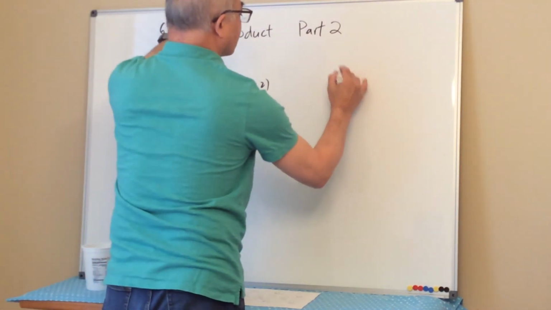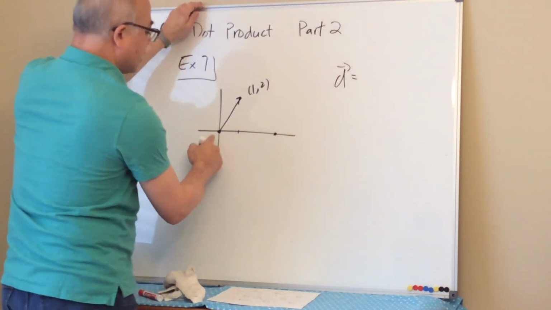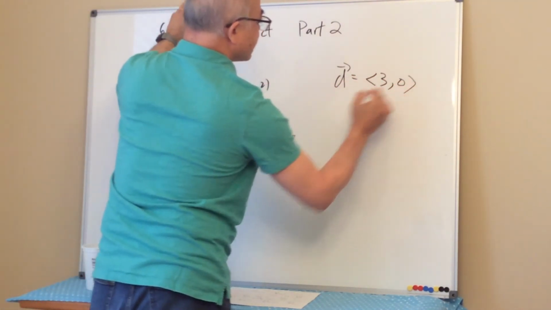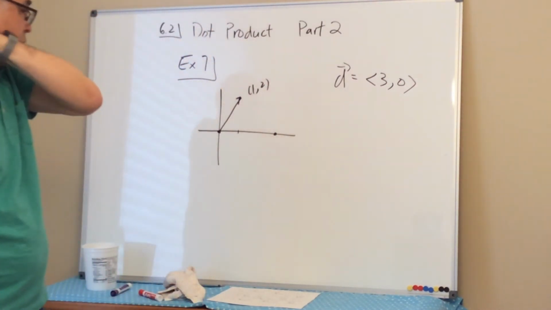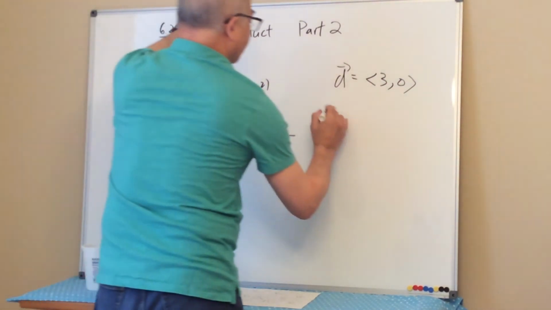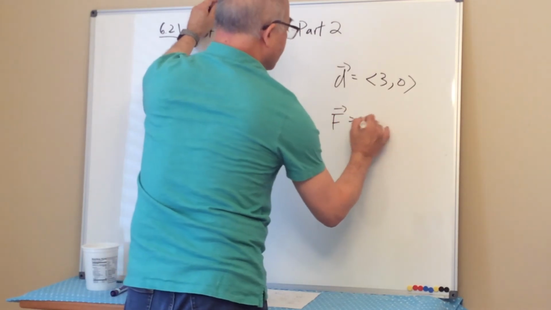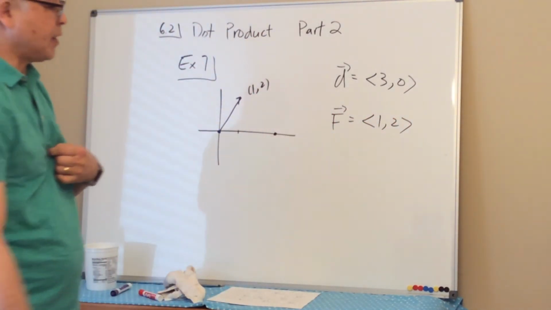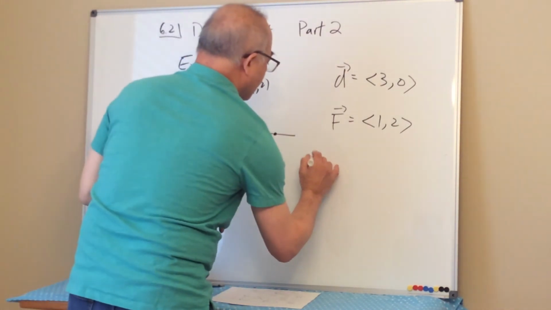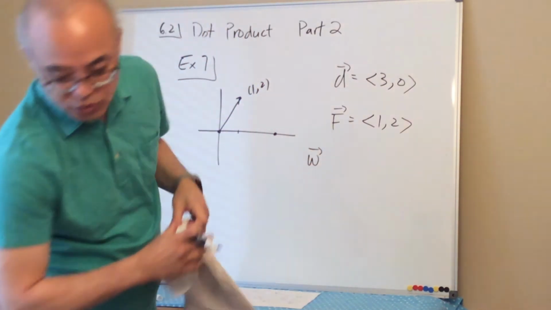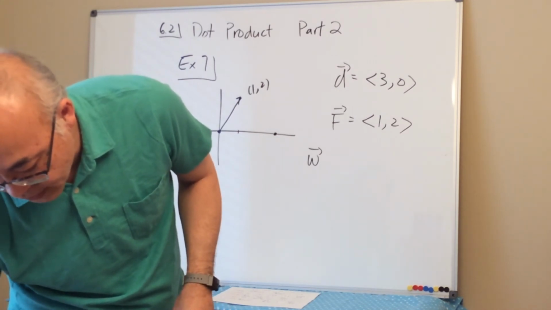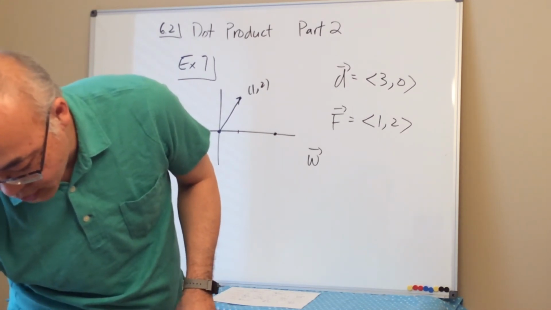The direction vector is from here to here, so it's going to be 3 and 0, whereas the force vector is 1 and 2. We're trying to find the work.